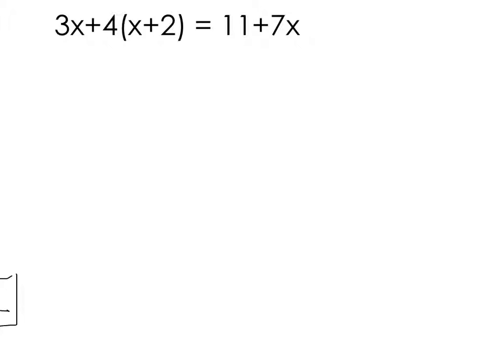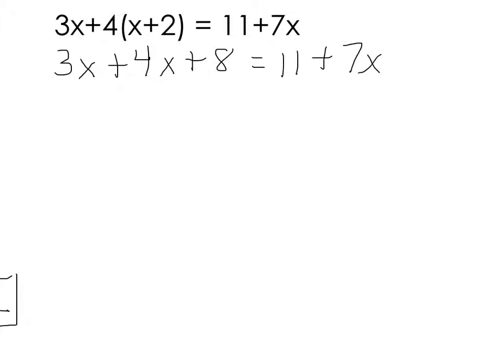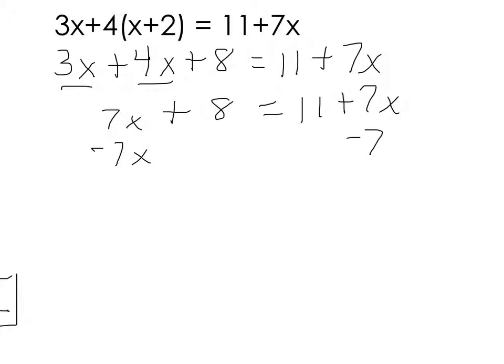Our third example, we're going to eliminate the parentheses using distributive property. So we have 4x plus 8. 11 plus 7x. Combine like terms on the left, 7x plus 8, 11 plus 7x, subtract 7x from both sides, and look what happens.